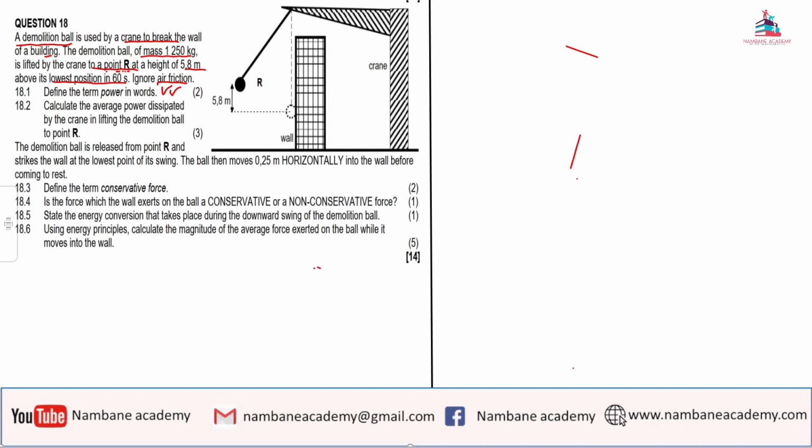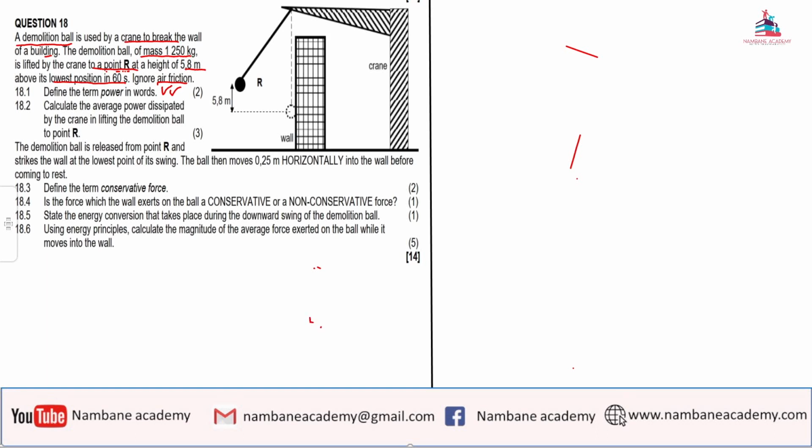It says: calculate the average power dissipated by the crane in lifting the demolition ball to point R. Let's see what we have.